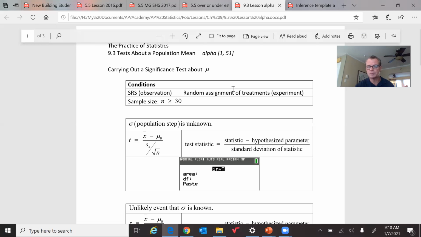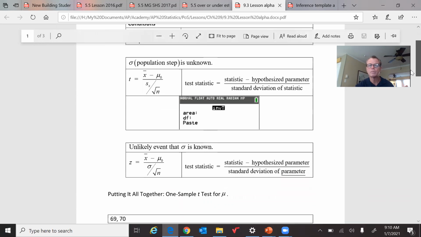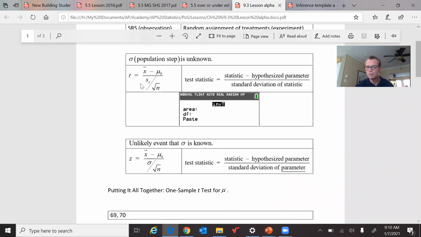Conditions: SRS, random assignment of treatment. The sample size is greater than or equal to 30, or you draw a box plot, and your sample is less than 10% of the population. There's T, okay?